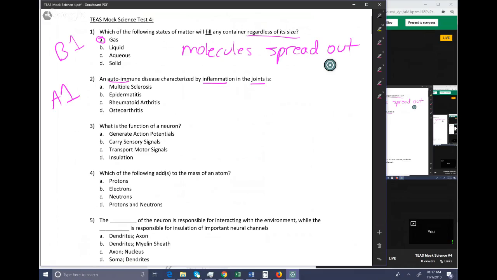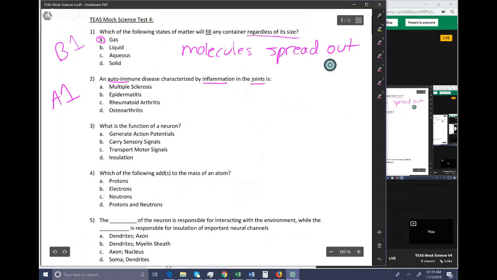So the words that I'm underlining as we go along are the words that should have stood out to you. For example, on number 2, you would read it, you would say an autoimmune disease characterized by inflammation in the joints is, and then you'd read it again and you'd say autoimmune, inflammation, joints, because that's what you're actually answering.